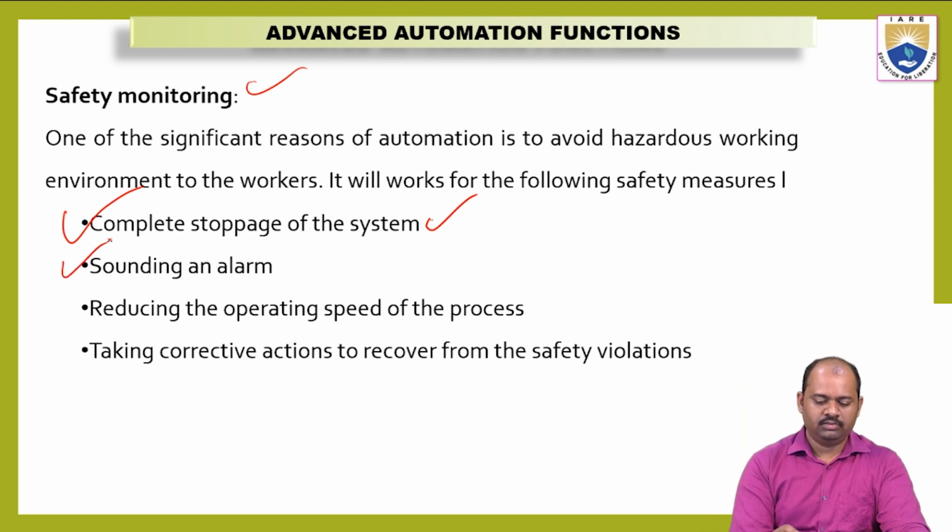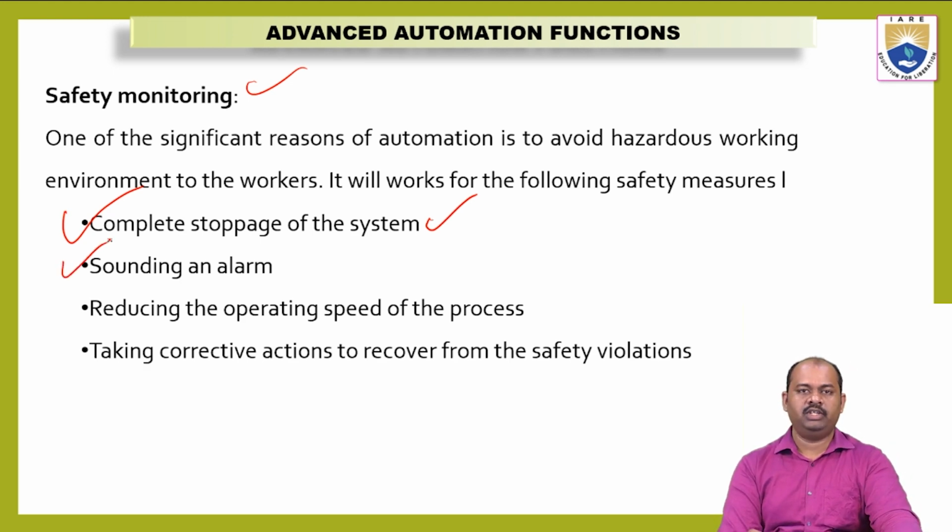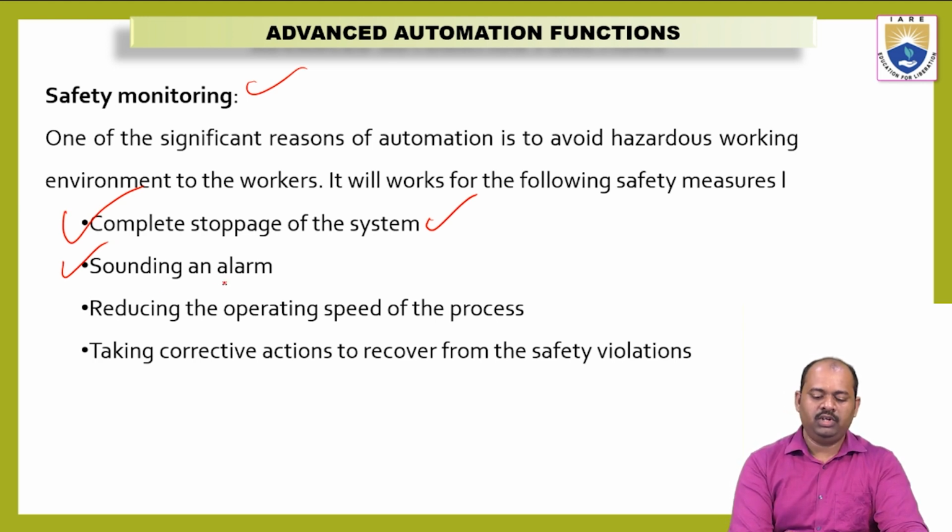And the second one is sounding an alarm. If any malfunction or accident happens in a manufacturing system, sounding the alarm is also done by the automation. There is no need for a human being to turn on the alarm himself. This alarm should sound on its own.